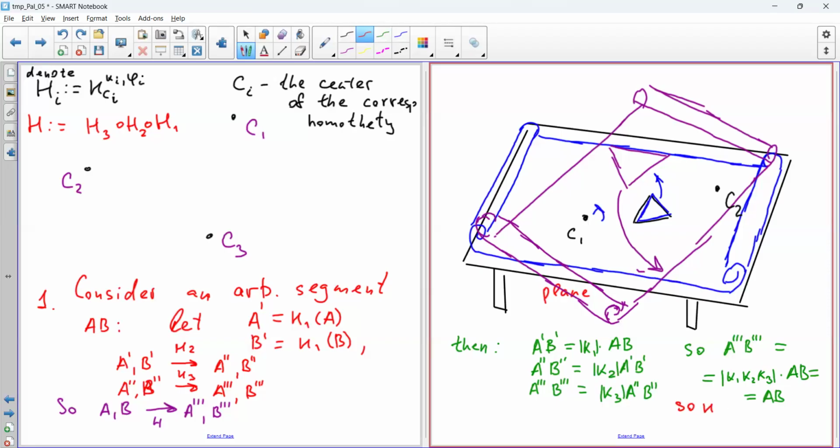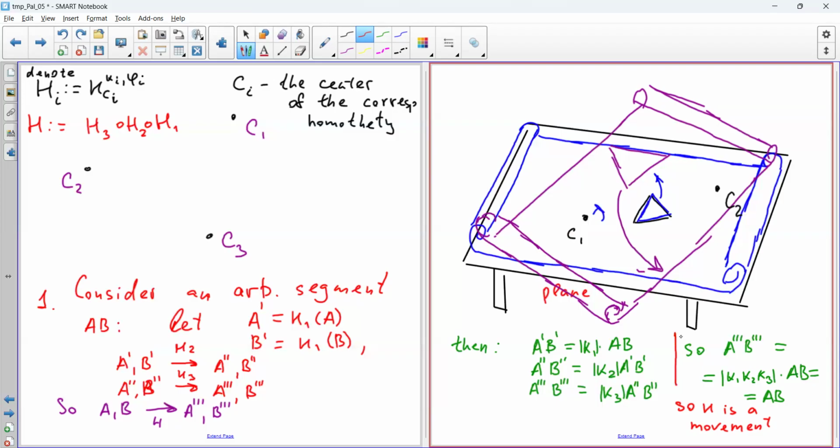So H is a movement of a plane, in the sense that it is a transformation which preserves the length of segments.